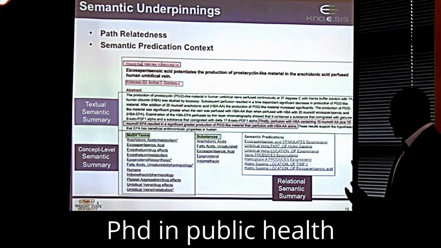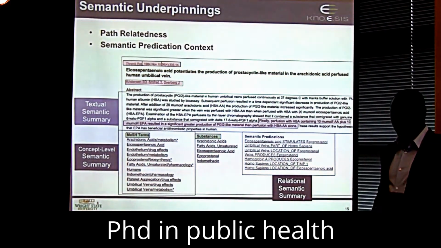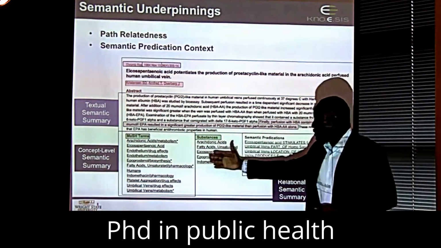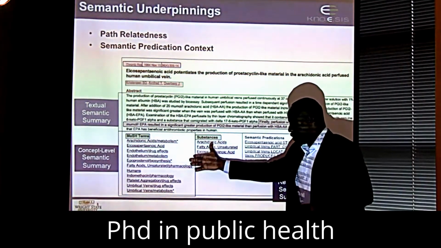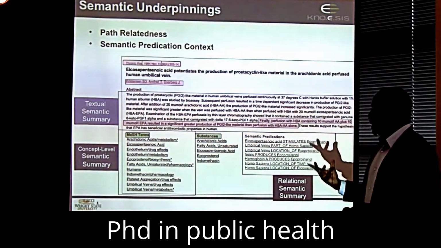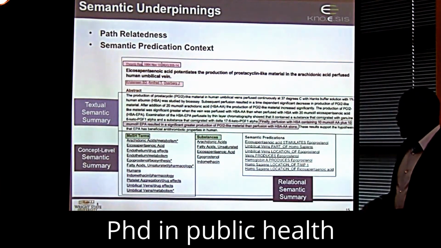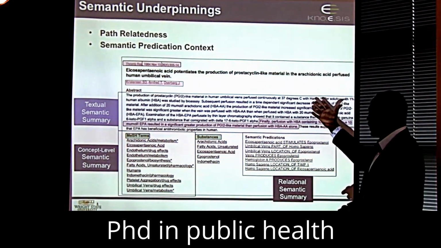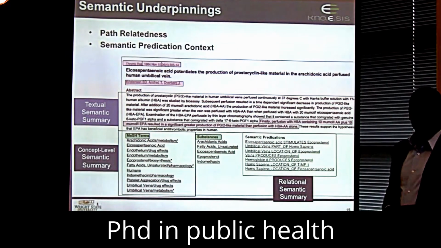So if these things are true, then we can represent first the document in terms of the abstract, which is normally done, but we can also represent the abstract in terms of this concept-level semantic summary, which is the MeSH descriptors. We may also be able to represent it in terms of the semantic predications.